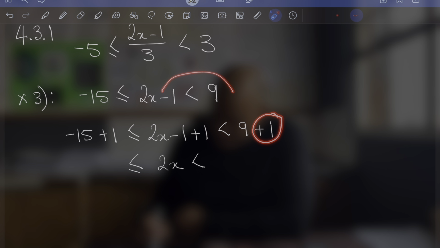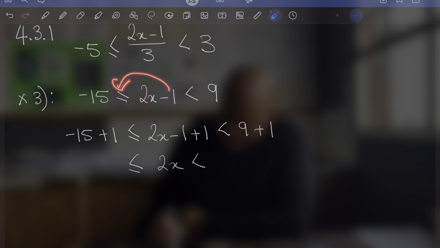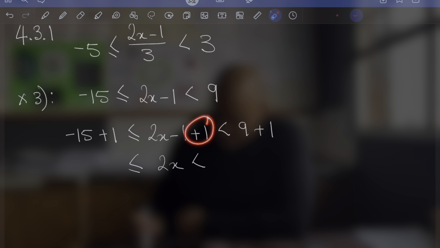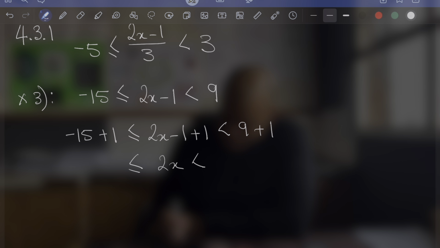But I also need to move it this way because it's an inequality with 2 inequality signs. What's actually happening is I'm adding 1 all the way through. That gets rid of the 1s, and then -15 plus 1 is -14, and 9 plus 1 is 10.